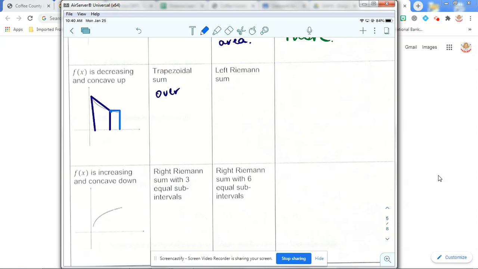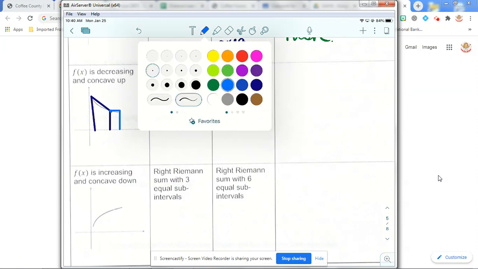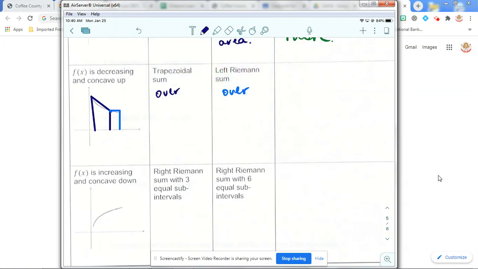All right, and so it's also going to be over. So then we need to think about which one is actually closer to the value of the actual area, and that's going to be the trapezoid. So trapezoid's over, but closer to the actual area.